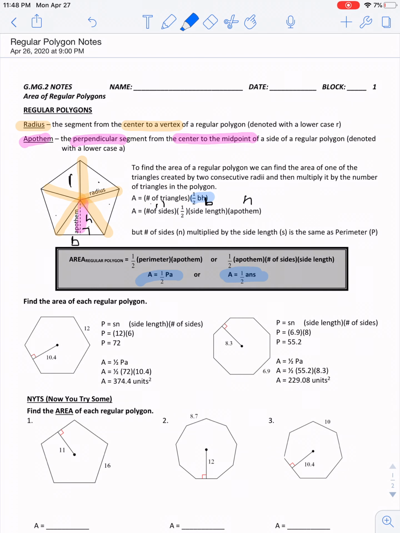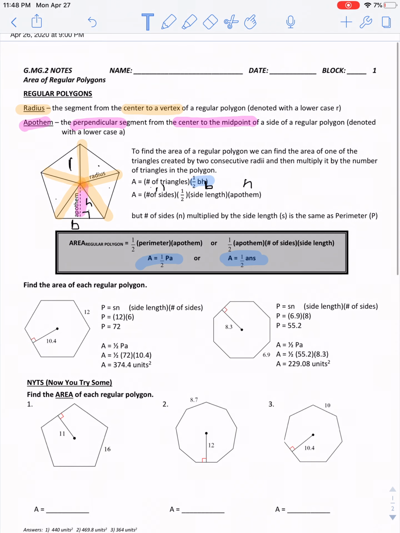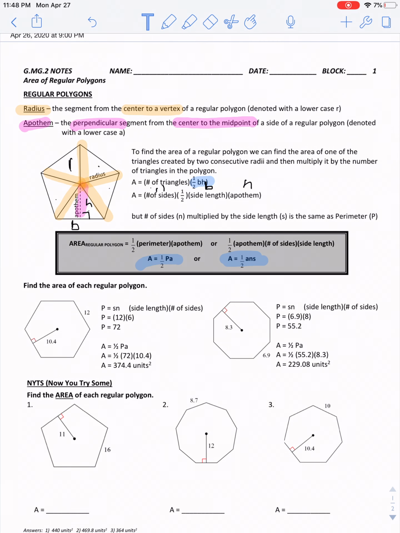All right. If you look down here, there's a couple more options, and it's just showing how we do it. This first one right here is a hexagon, so that means there's 6 sides.